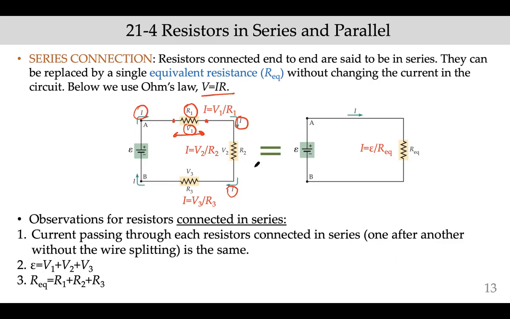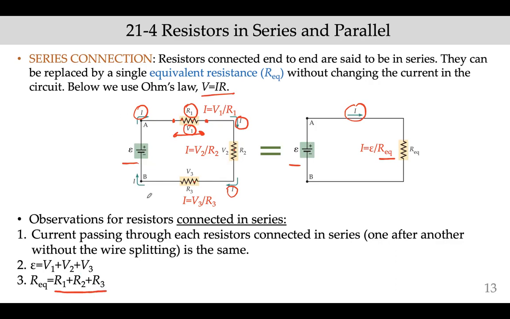Instead of the circuit with three resistors, you can also build a circuit with just one resistor. For the same voltage source, if you want the same current I, you have to use a resistance of a specific value that stands in for these three. That value, R equivalent, is given by R1 plus R2 plus R3.